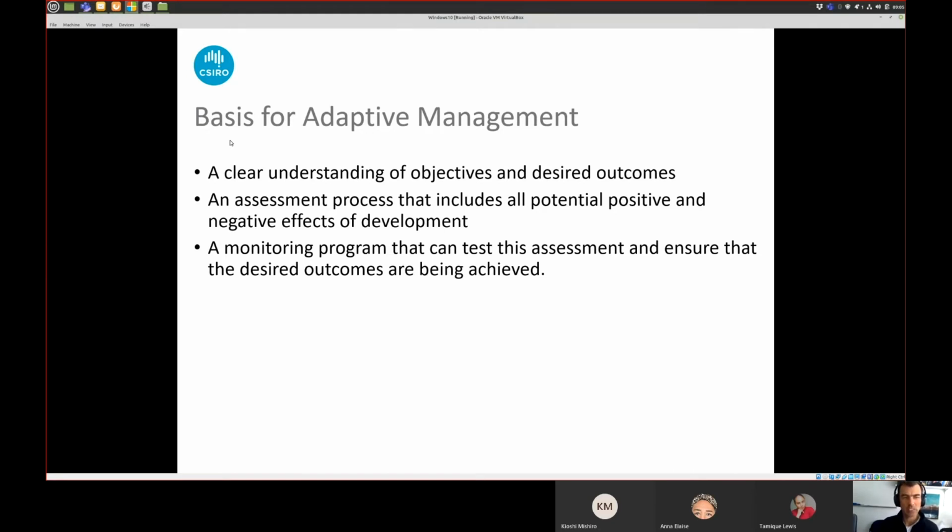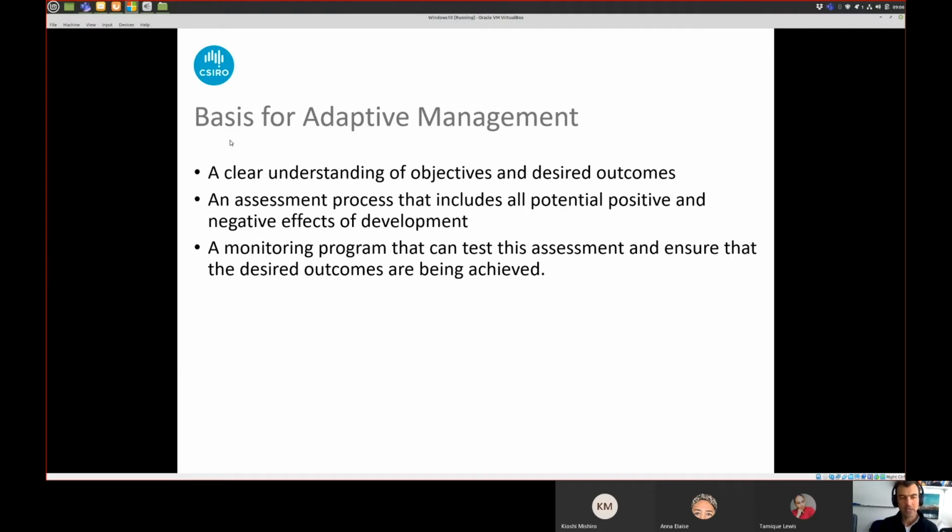Second component is some sort of assessment process that allows you to decide in an informed way where all the potential positive and negative effects of any sort of development or management plan are actually going to occur. And this allows you to prioritise where you're going to put your efforts into and where you're going to think about some sort of mitigation or avoidance schemes.